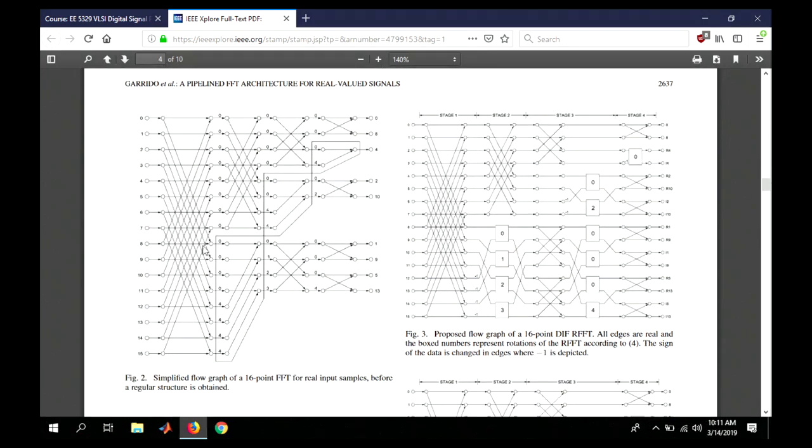Now what you see here, these numbers in the second part used to be 0, 1, 2, 3, 4, 5, 6, 7. The 0 and 4 are fine. We didn't do very much. But if you look at the next butterfly, this was 1, this was 5. We pushed 1 to the right. Next one, 2 and 6. We pushed 2 to the right, become 0 and 4. Next one was 3 and 7. We pushed 3 to the right, then we have 0 and 4.